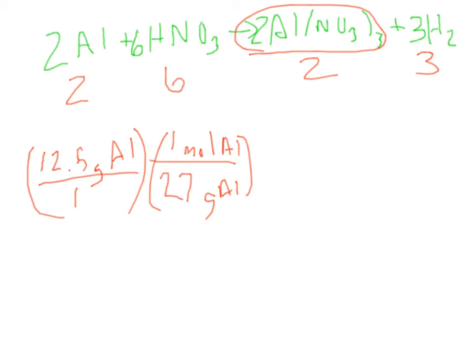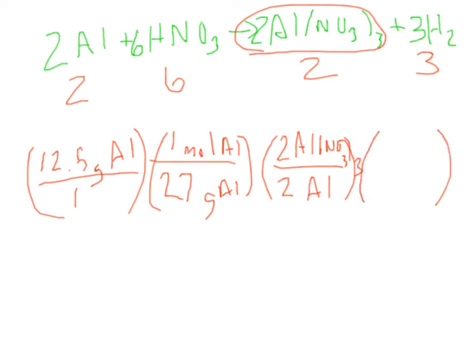And then I'm going to use the mole-to-mole ratio, which is 2 Al for every 2 AlNO3, and those come straight from here and here. And then I'm going to multiply that by the molar mass of AlNO3, which is 213.